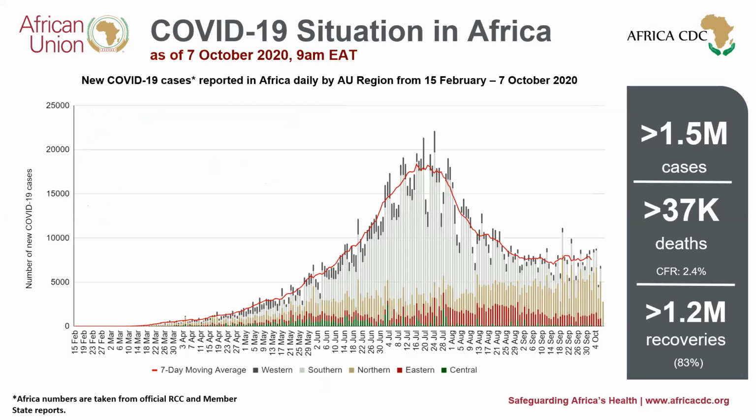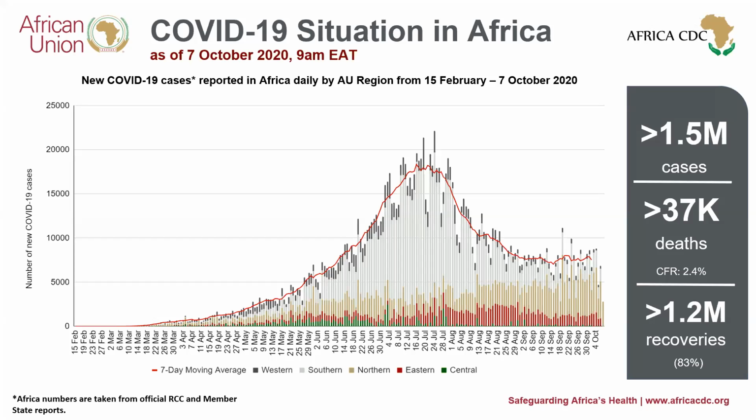This slide shows the trend of COVID-19 cases from February to date. The epi charts depict the number of new cases on the y-axis and by day, reported by day on the x-axis. And the 7-day moving average is shown by the red line.